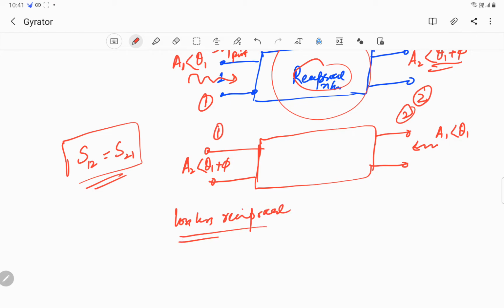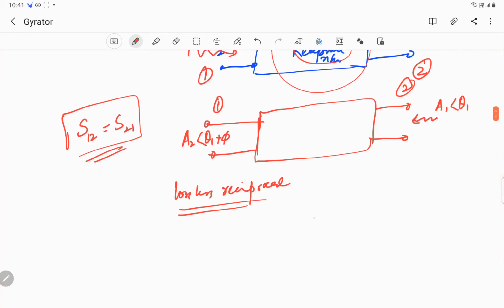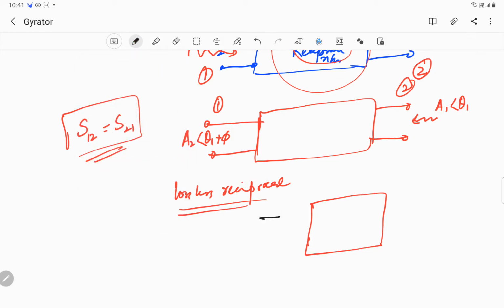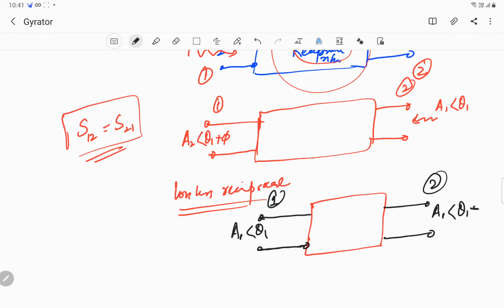Now, a lossless reciprocal network would mean that if I have this as the input port, port number 1, and this as the output port, port number 2, and a signal with amplitude A1 and phase theta 1, at the output I will have a signal of amplitude A1 and phase theta 1 plus phi 1.